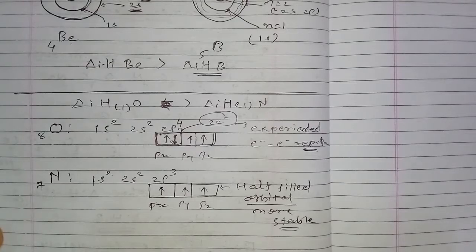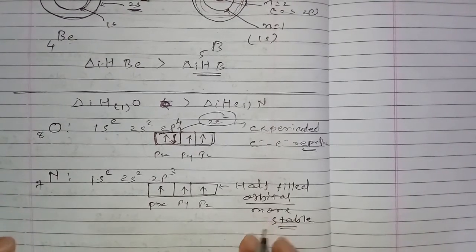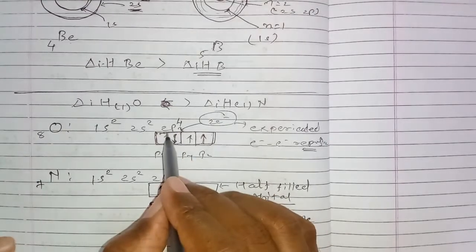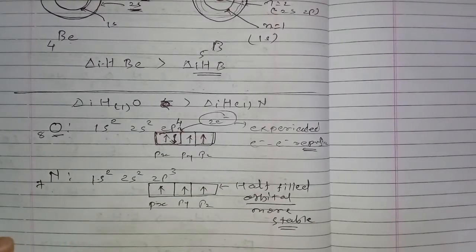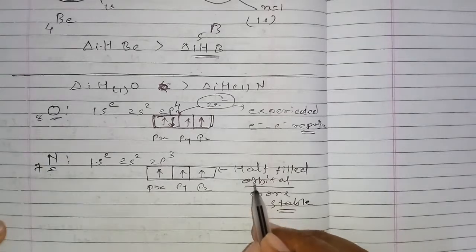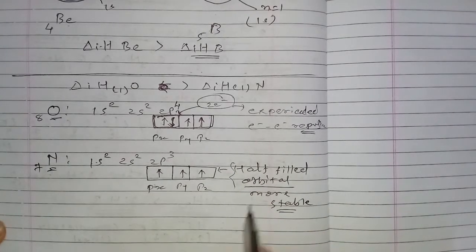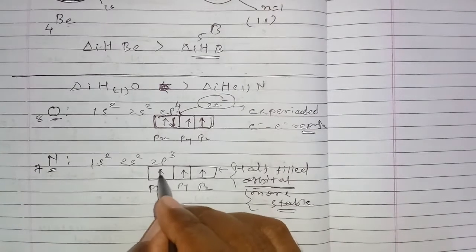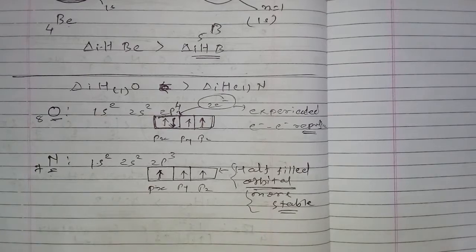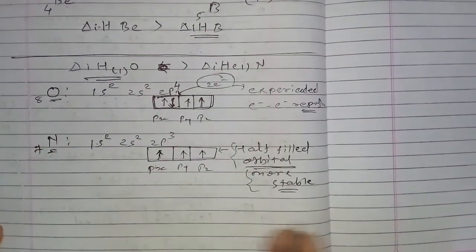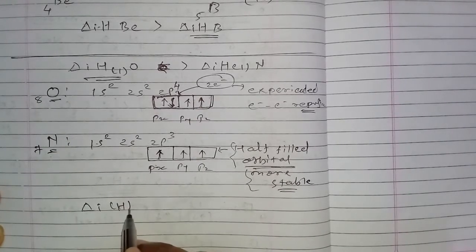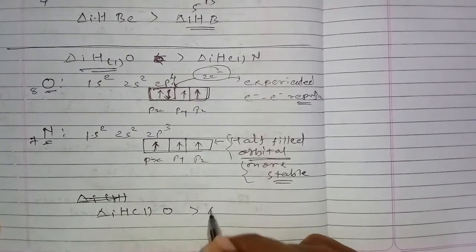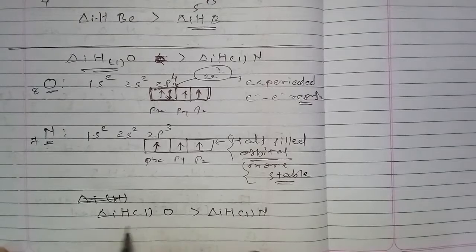So electrons can be easily removed from the 2p orbital of oxygen, while in case of nitrogen its half filled orbital is very stable, and because of this it requires more energy to remove an electron, and because of this reason the first ionization enthalpy of nitrogen is greater than first ionization enthalpy of oxygen.